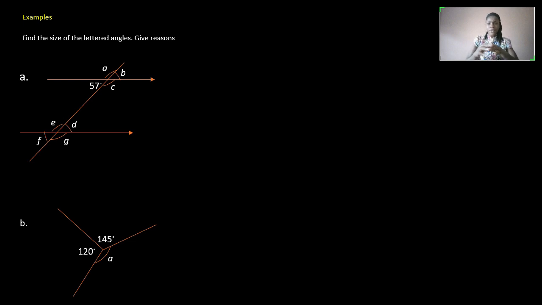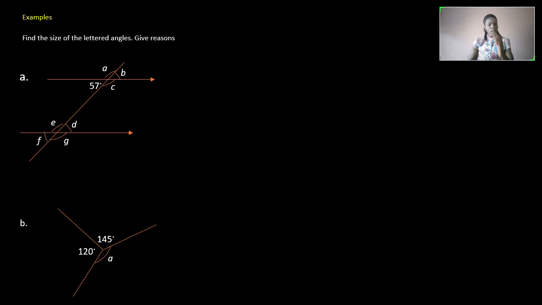This is the reason they are asking us to give. And the reason might be vertically opposite angles are equal, alternate angles are equal, corresponding angles are equal, or it might also be sum of angles on a straight line or angles at a point.